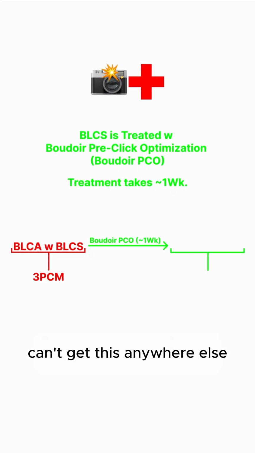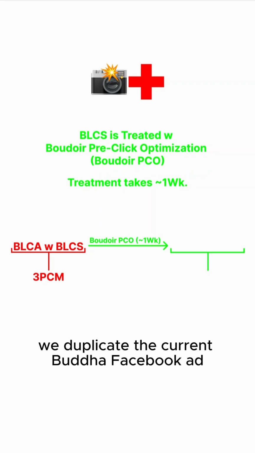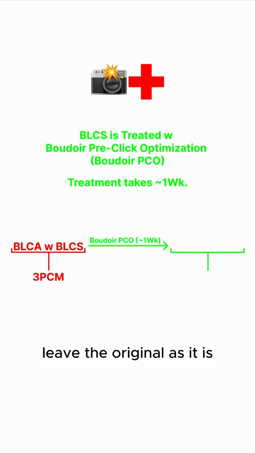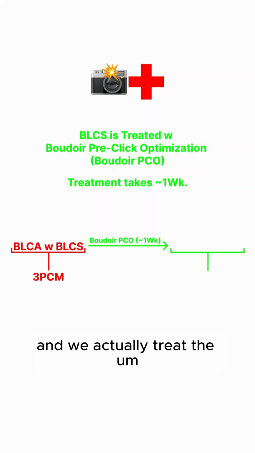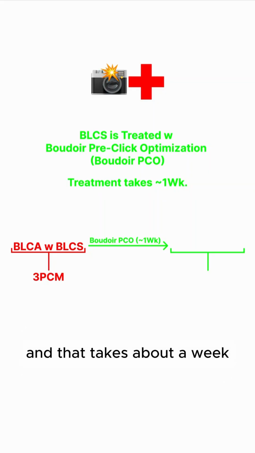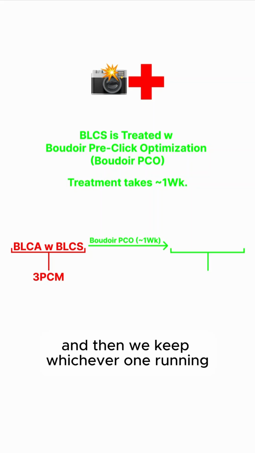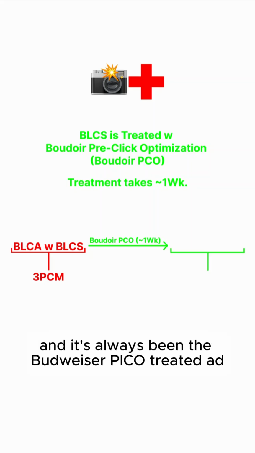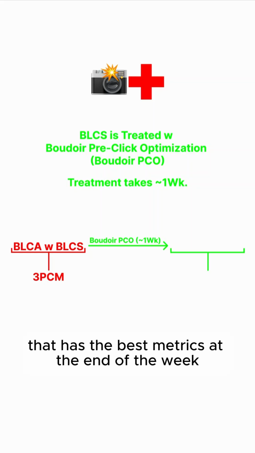You can't get this anywhere else from anyone else in the universe. What we do is duplicate the current boudoir Facebook ad, leave the original as it is, and treat the duplicated ad. That takes about a week, and then we keep whichever one has the best metrics running. And it's always been the boudoir Pico treated ad that has the best metrics at the end of a week.